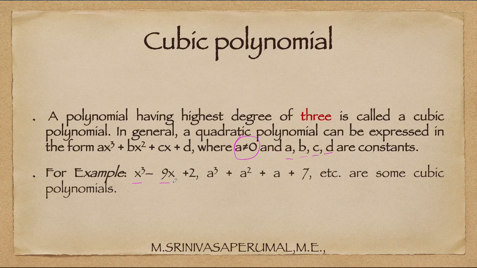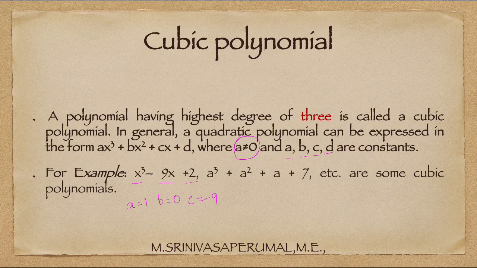So in a given example, x cube minus 9x plus 2. Just compare, the value of a is equal to 1. In this question there is no x square term, so the b value is equal to 0. Then the coefficient of x is c, so c is equal to minus 9.